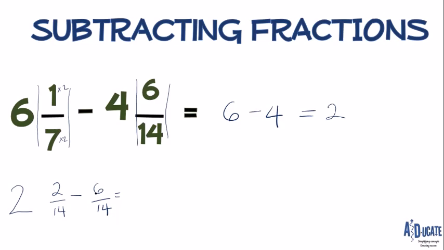You can't have 2 and give away 6. You won't have enough. So what we'll have to do is take away 1 from the 2, and then 2 take away 1 is 1, and we'll have 1 left.